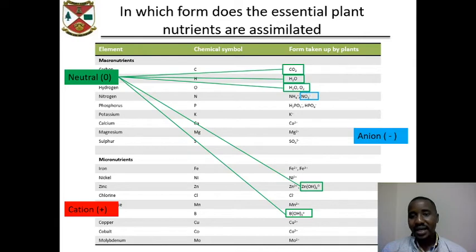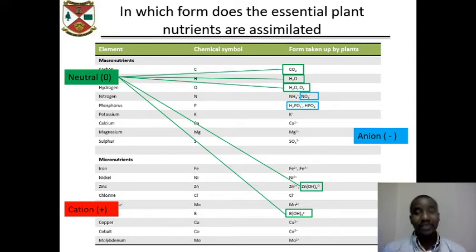Now let us look at the anions. Nitrate is an anion because it carries a negative charge, of course. Both phosphorus species are orthophosphate. In soil fertility, we call those species orthophosphate. But in chemistry, they call them dihydrogen phosphate, H2PO4, and hydrogen phosphate, HPO4.